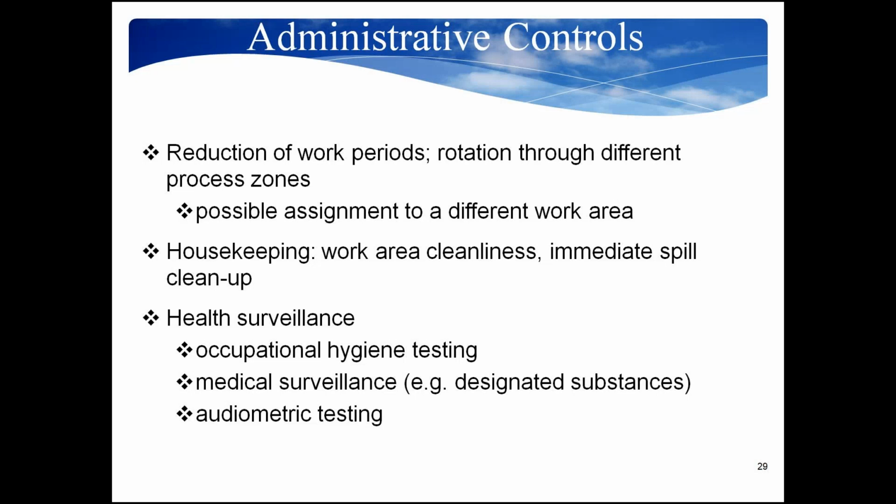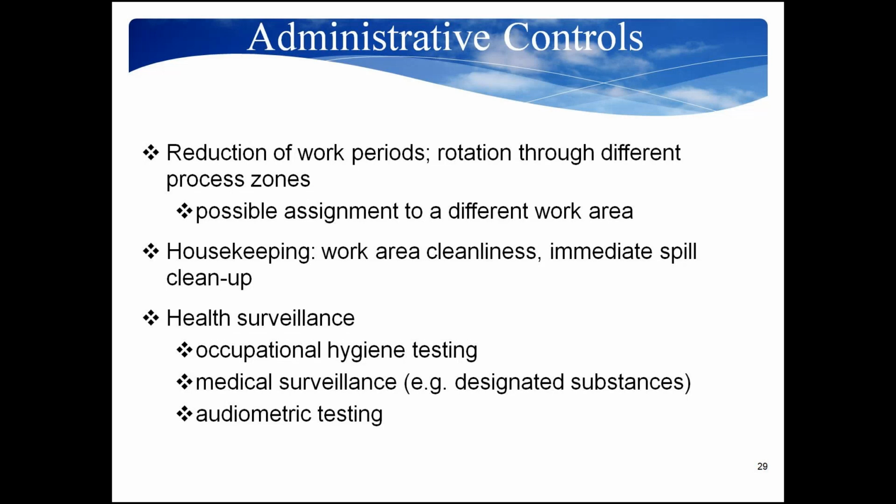Administrative controls include reduction of work periods or rotation through different process zones or possible reassignment to different work areas. So the worker is being pulled from an area and put into an area with lower concentrations, so their overall 8-hour exposure will be reduced.